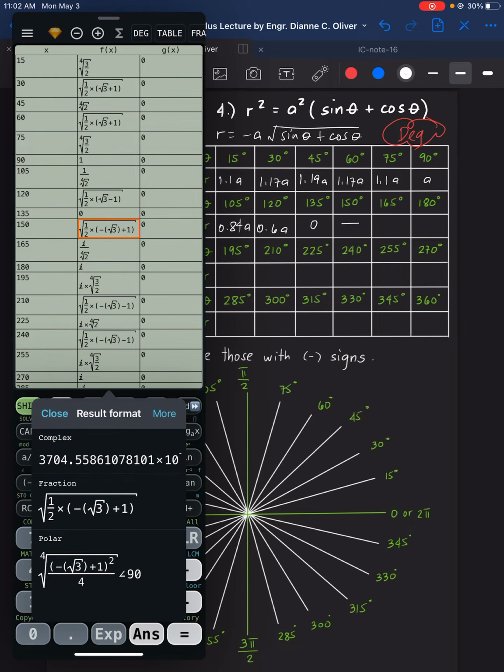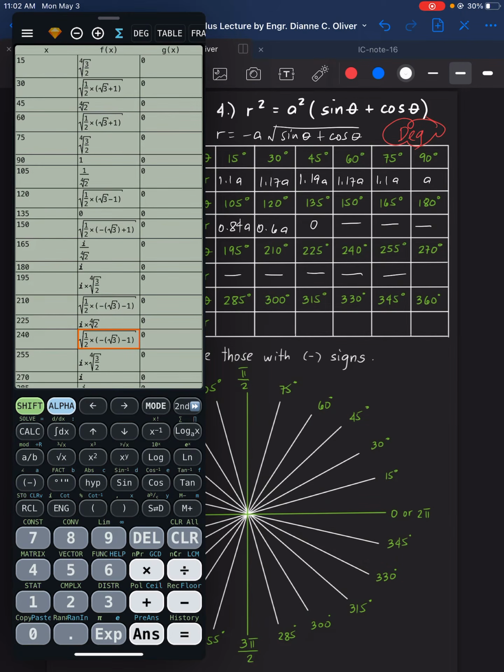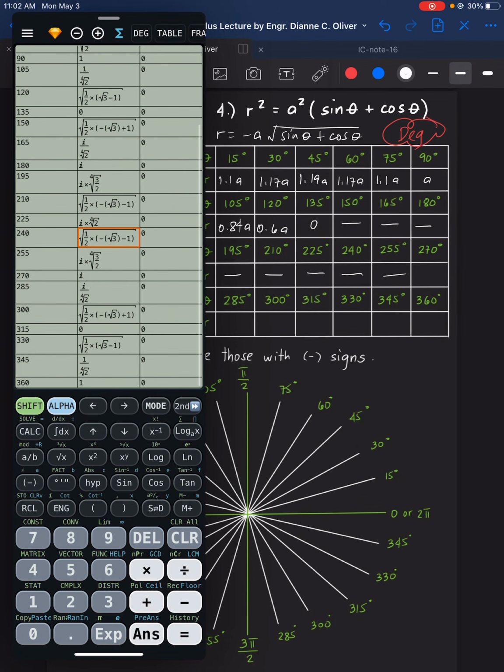So 150 cancel, 165 imaginary, cancel this, 195, 210. Nope, cancel that one, too big. Imaginary, next 240. Cancel that one too. Cancel 270, 285.